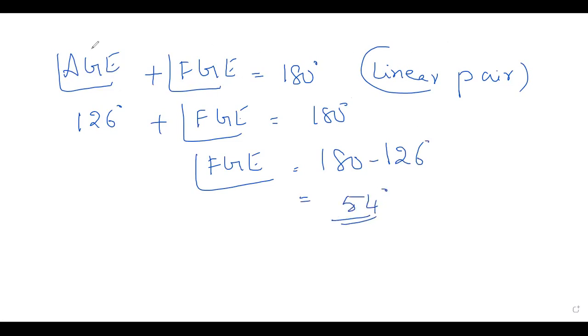So before that, one more line, write children here. Angle AGE is equal to GED is equal to 126 because alternate angles are equal.